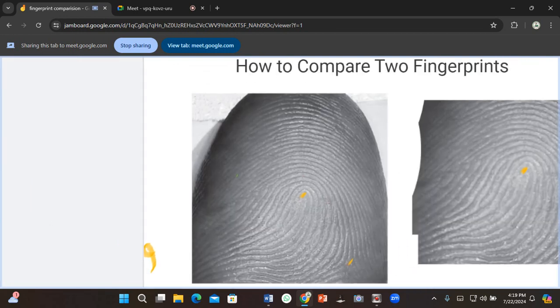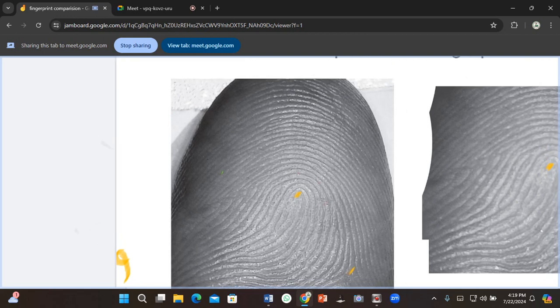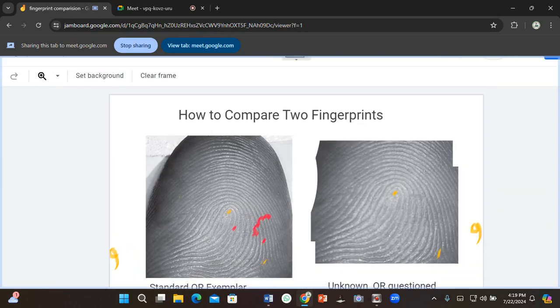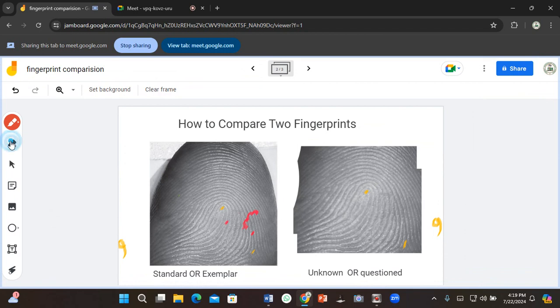Let's try to find bifurcations, and let's use red for bifurcation here. This is one bifurcation. This is another bifurcation. This is another bifurcation. Oh, I'm sorry, sorry for that mistake.